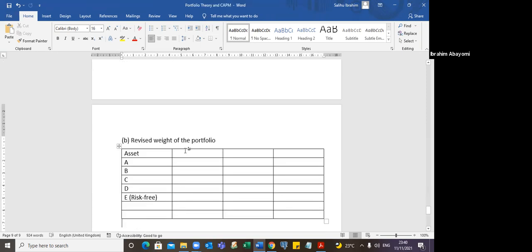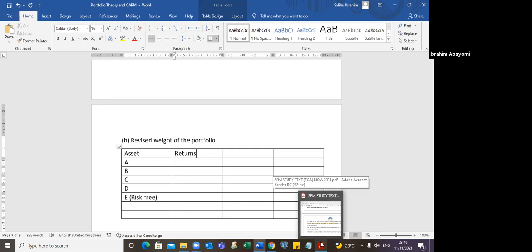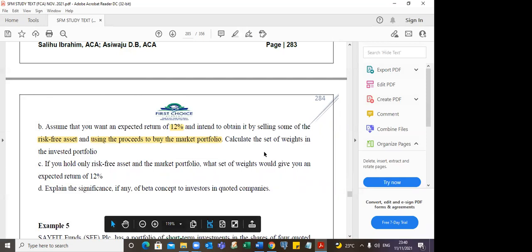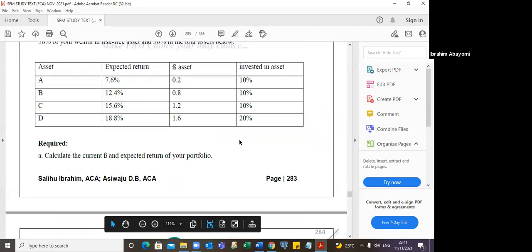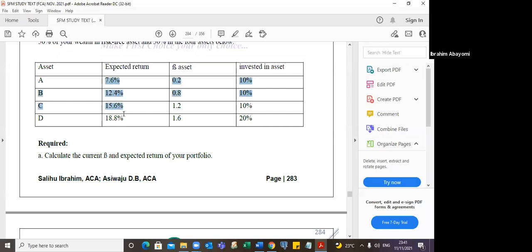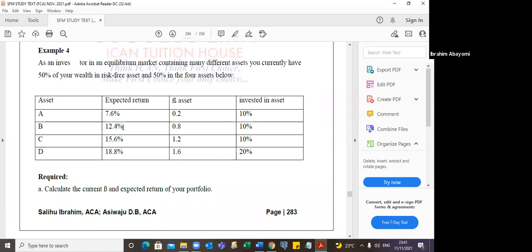Now, what is the current weight of this? What is the return first? Can you give me the returns? These are the returns. And for the risk-free asset, the risk-free rate is the return. What's the risk-free rate? Where is it given?